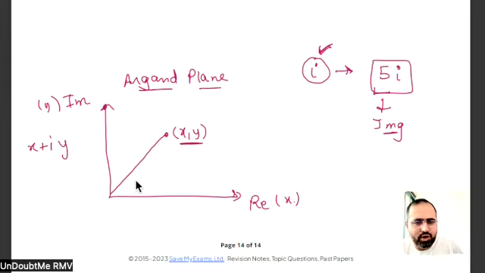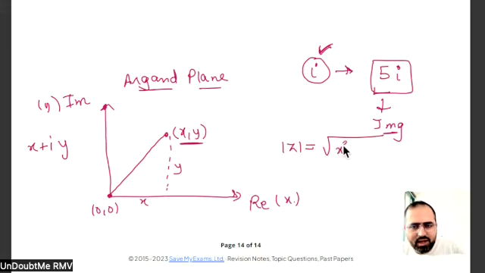If you are plotting a point over here, then how far it is from the origin, that is the modulus. So it has nothing to do with iota in the formula. Hopefully, Ishan, now you have understood that when we write mod Z, it strictly talks about x and y values only. It has nothing to do with iota.